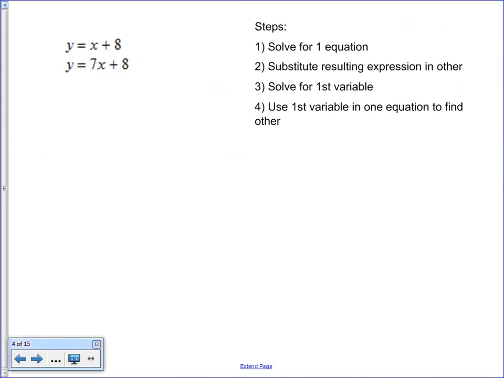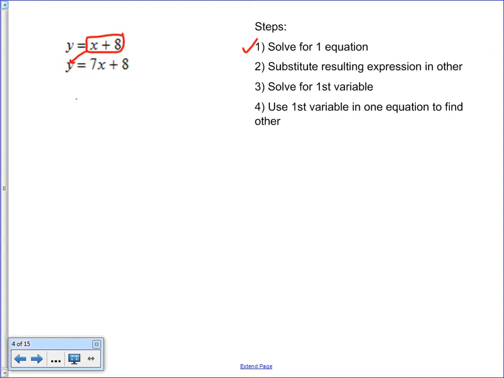So here's another problem. I have the steps up here. Step 1, solve for one of the equations. Since they're both y equals something, they're actually both solved, so we're good there. Step 2, substitute resulting expression in other. So once again, since y equals this, you could plug that in for y in the other one, or you could go the other way around and put in the x plus 8 and substitute that in for y in that one.